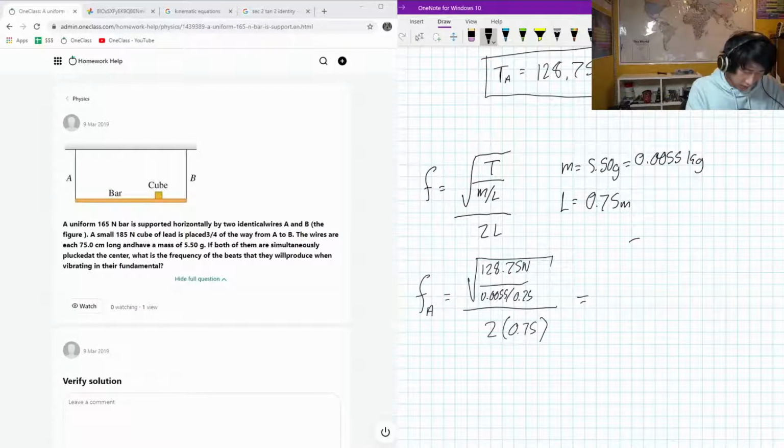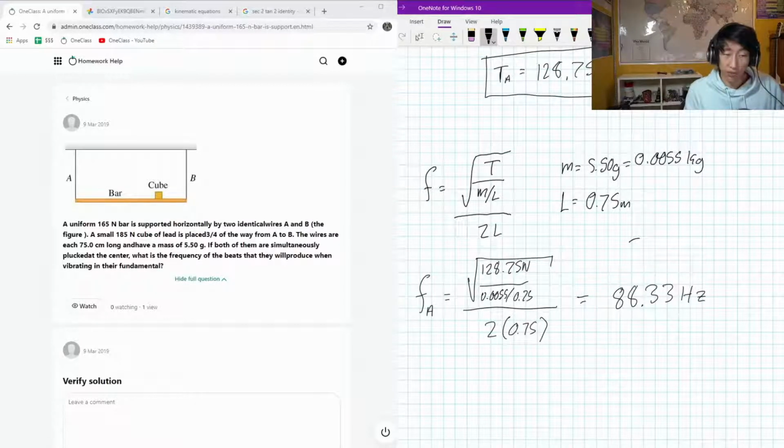So we got 128.75 divided by 0.055, 0.75, and that whole thing divided by 2 times 0.75, so that's divided by 1.5 overall. And the frequency for this is going to be 88.33 hertz.